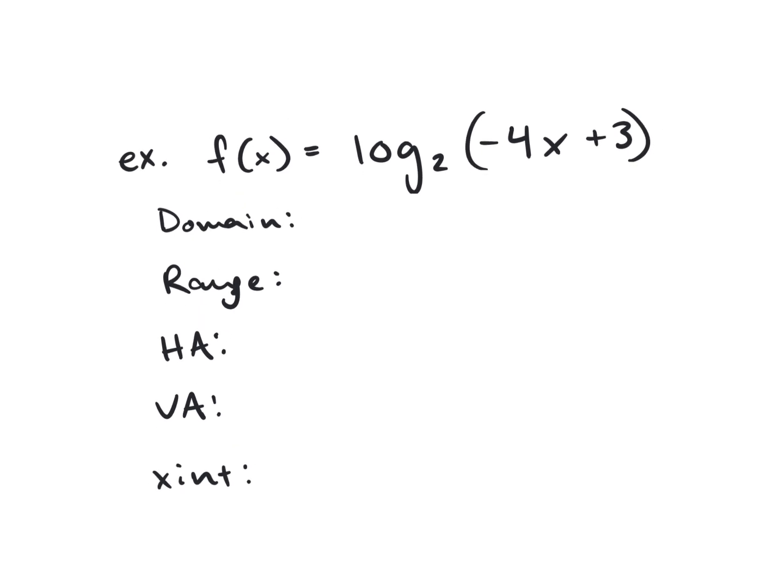So our log graphs are either going to look like this if our base is greater than 1. Or it'll look like this if our base is a fraction. But it could change if we have a transformation. Do we have a transformation here?